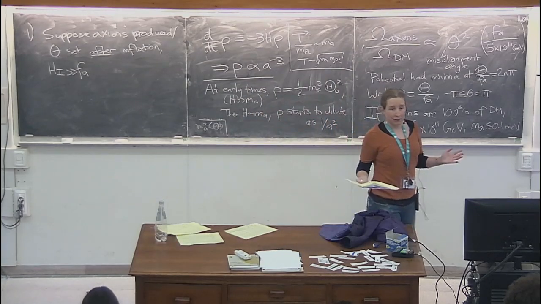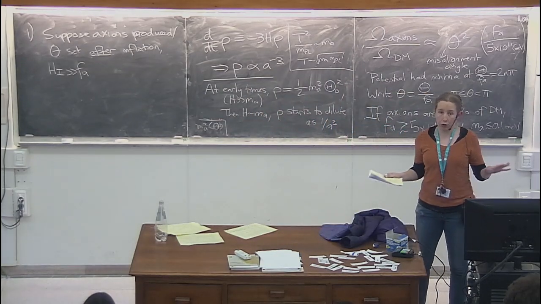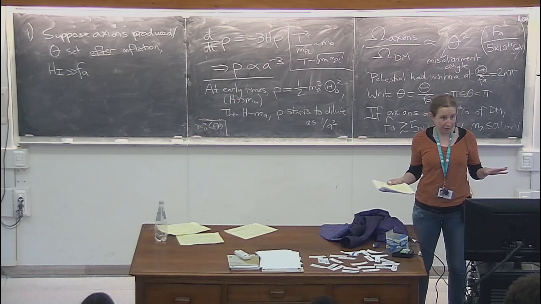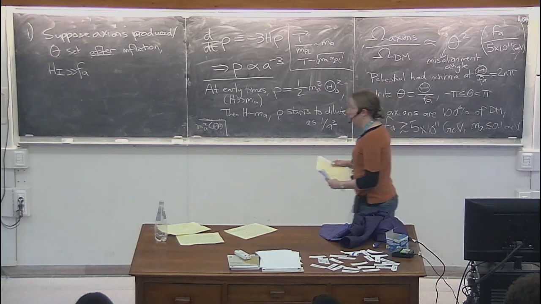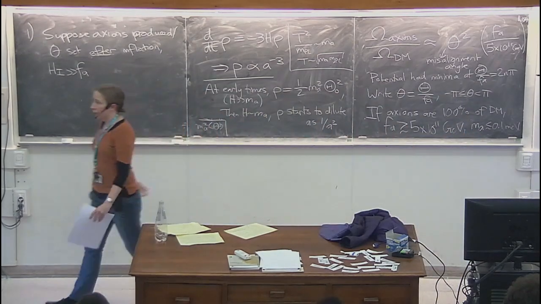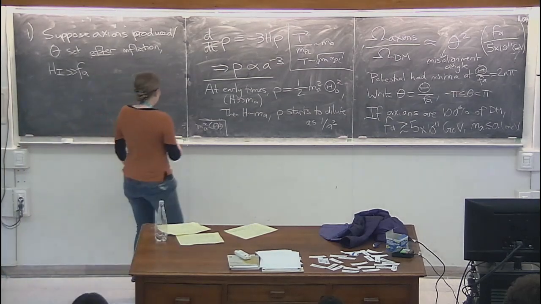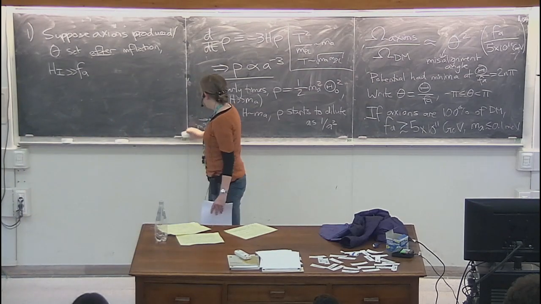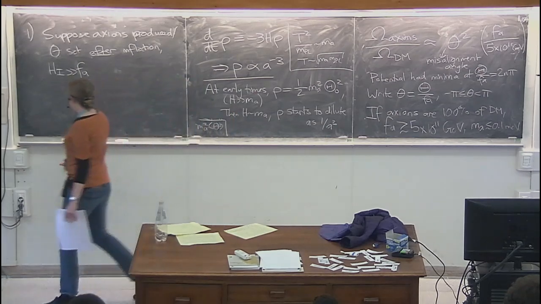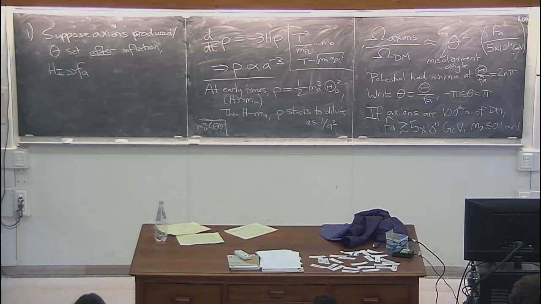In the CMB, we see photons from patches that back at redshift 1000 were all causally disconnected from each other. When we measure the dark matter density, we're measuring it over many, many patches that right after inflation were not in causal contact with each other at all. So during that period, when all these regions were disconnected, you would expect them all to have different values of this angle theta.